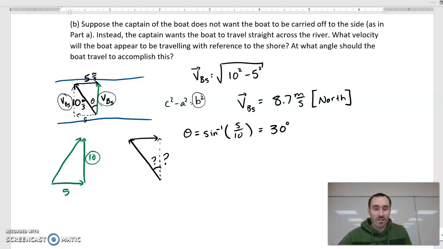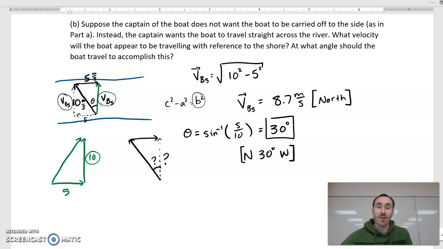That works too. But this is where we need to be pointing. Okay, we should put directions on that. So we should be pointing north 30 degrees west. Okay, that's our heading. That's not going to be the direction that we are actually traveling. We are actually traveling straight north, but the north 30 degrees west is our heading. It's where we are pointing.